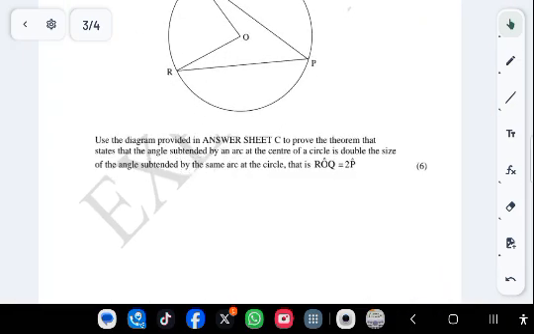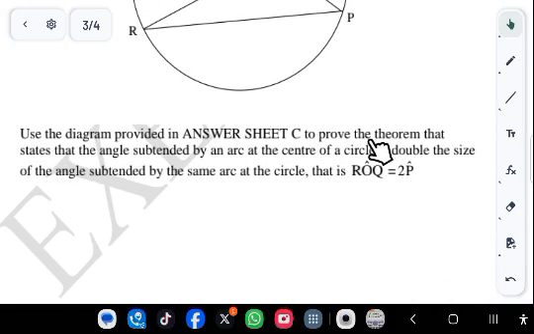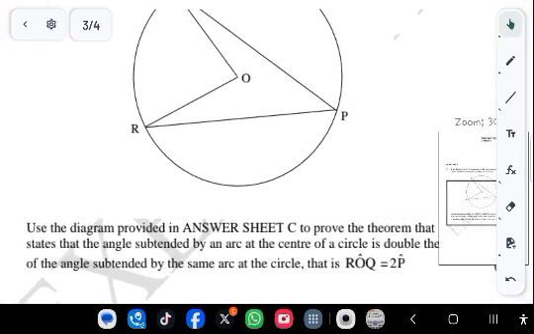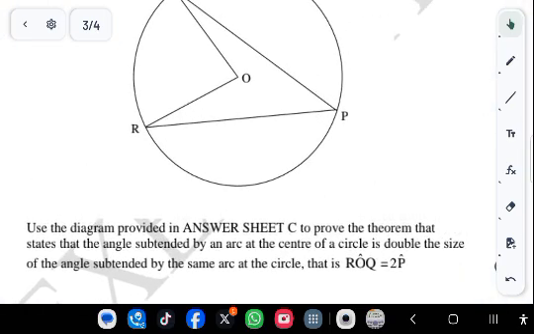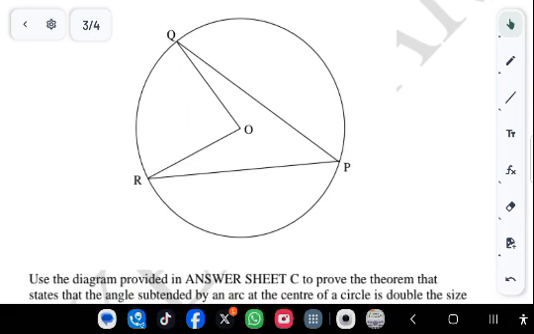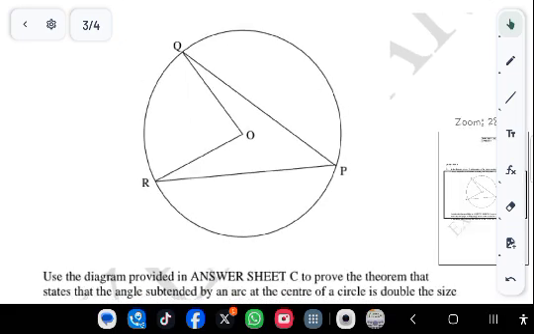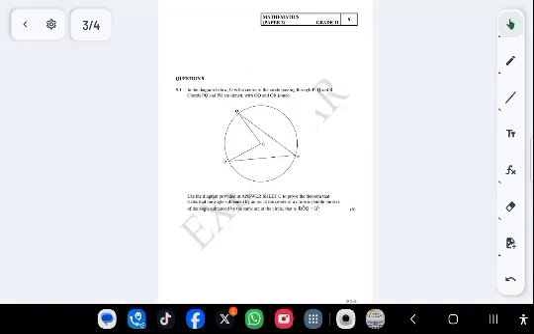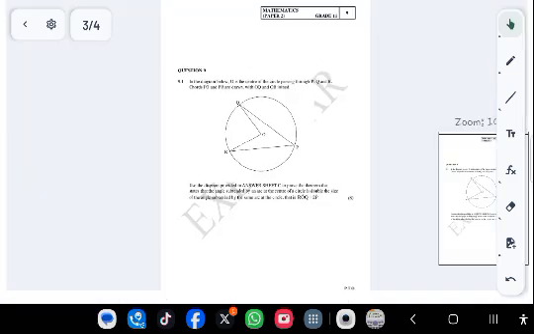Use the diagram provided to prove the theorem that states that the angle subtended by an arc at the center of the circle is double the size of the angle subtended by the same arc at the circumference. In other words, angle ROQ is equal to 2 times angle RPQ, or simply 2 times angle P. That's the theorem we just proved now.